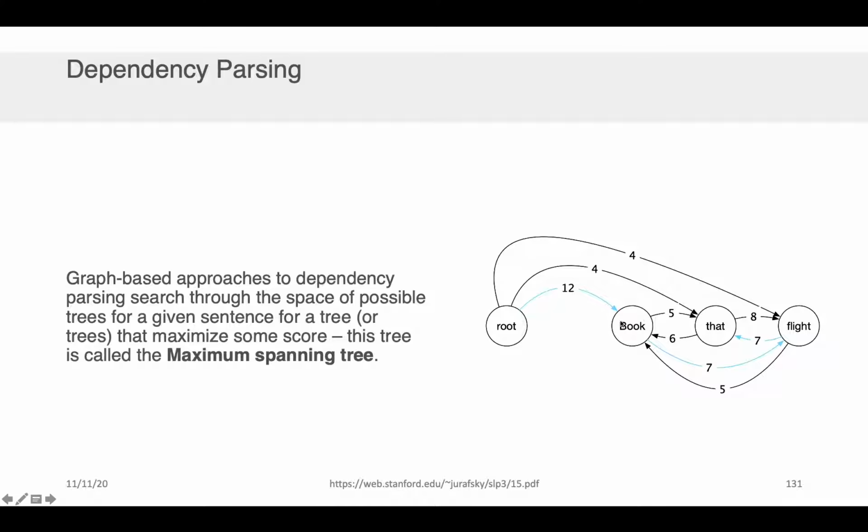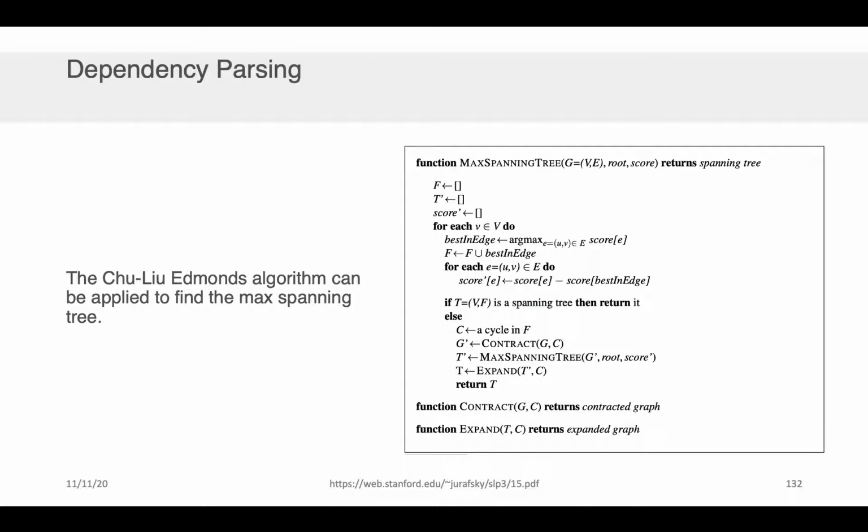So, book has a connection to all other words. That has a connection, and flight and route. And then what they search for is what's called the maximum spanning tree.